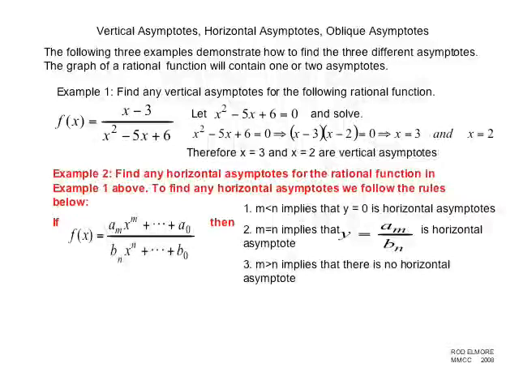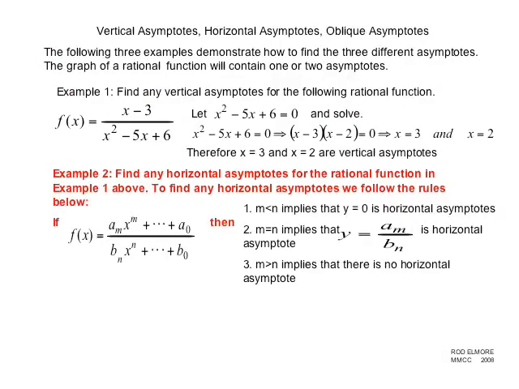Example 2. Find any horizontal asymptotes for the rational function in example 1 above. To find any horizontal asymptotes, we follow the rules below. If f of x is equal to a sub m x to the mth plus ... plus a sub 0 divided by b sub n x to the nth plus ... plus b sub 0.